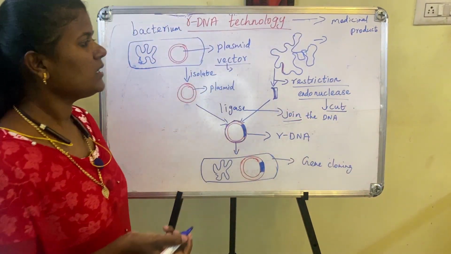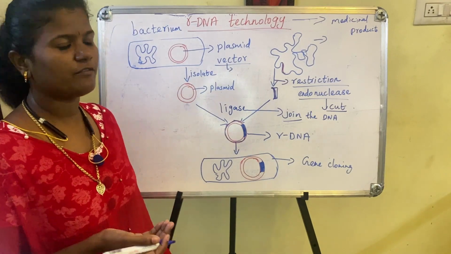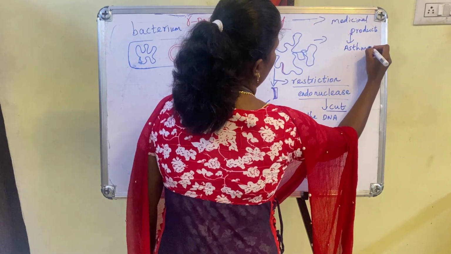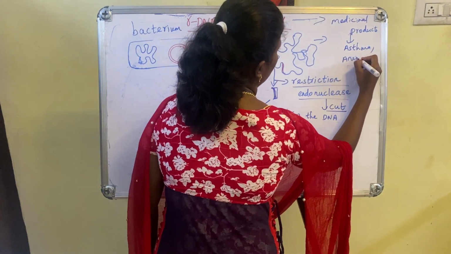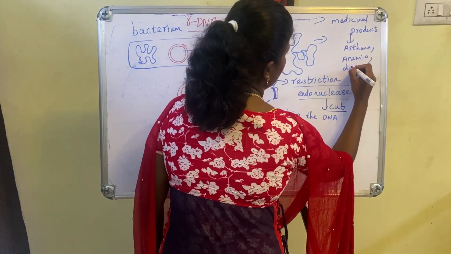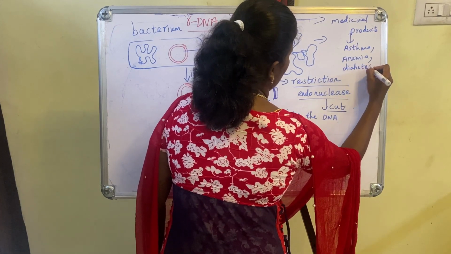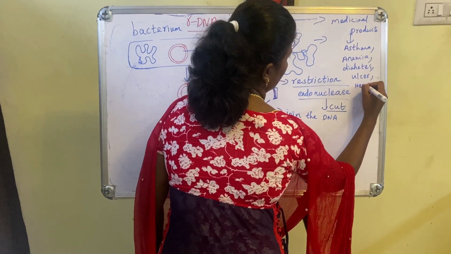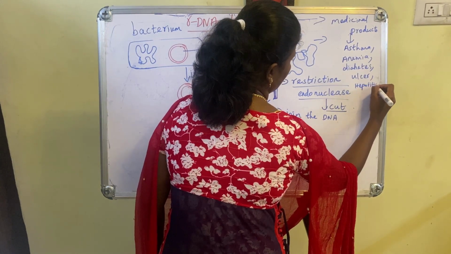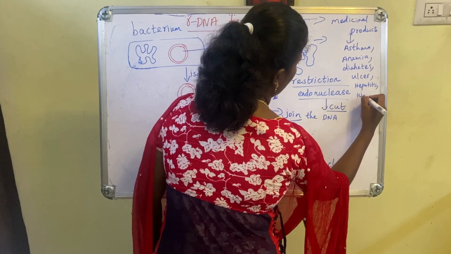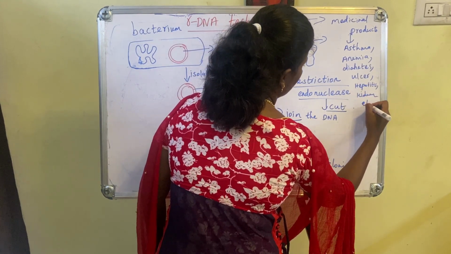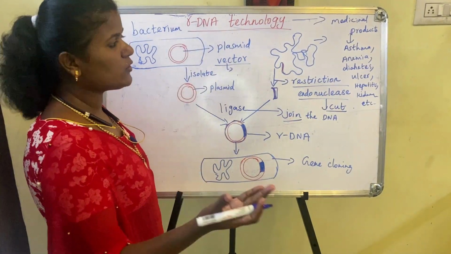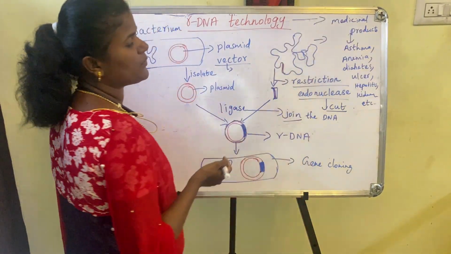For example, we can produce medicine for asthma, anemia, diabetes, ulcer, hepatitis, kidney disorder, immunity disorder, etc. Okay, by using this rDNA technology, we can produce many medicinal products.